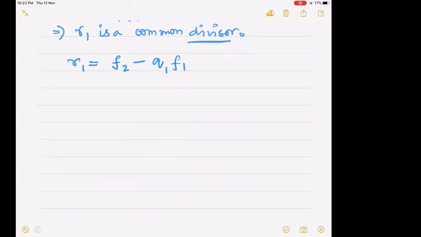Okay, now suppose H is a common divisor. So H divides F2, H also divides F1.